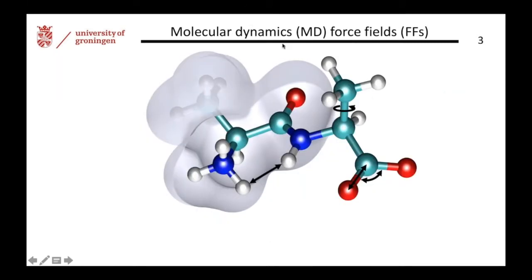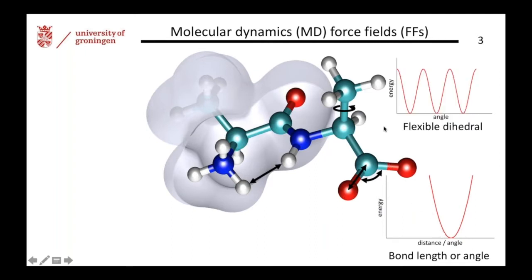Let's take a step back here and talk about force fields. These force fields are what determines the interactions of a molecule within itself and also with other molecules. We have a variety of potentials here, starting with bonded potentials between two atoms and angle potentials between three atoms.